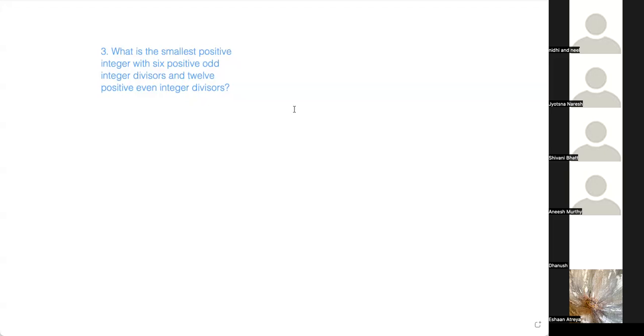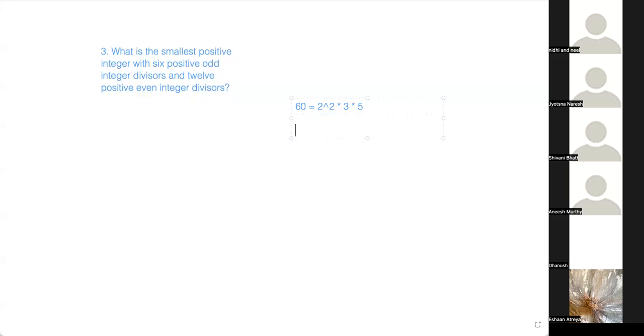Ishan, can you explain? Yeah, I just went up by increments of 60. So I just found the prime factorization in each one. So for 60, it's 2 to the second power times 3 times 5, which means it has 12 divisors.